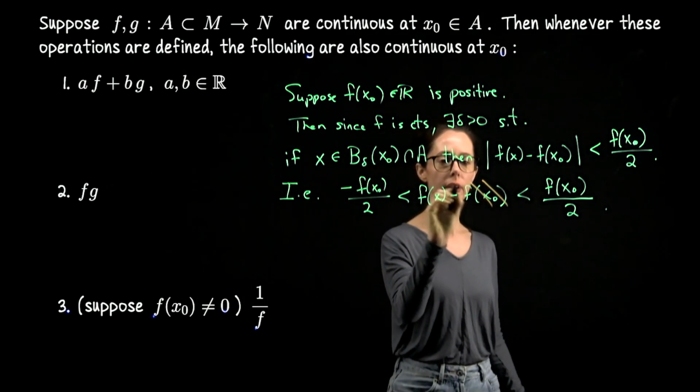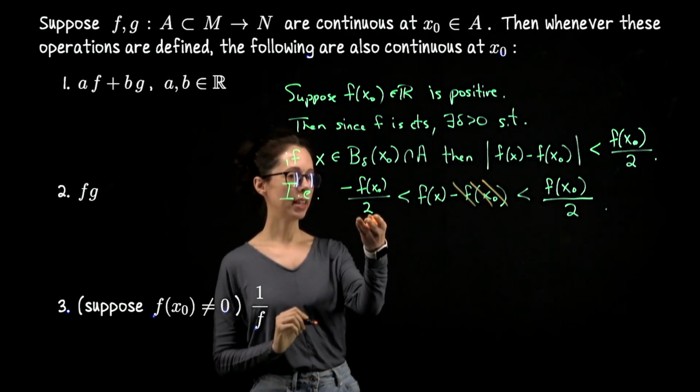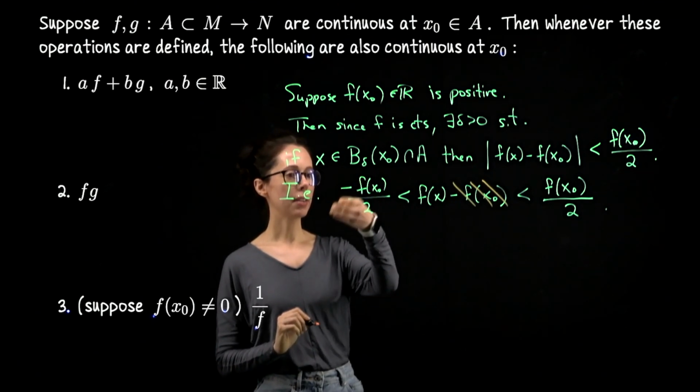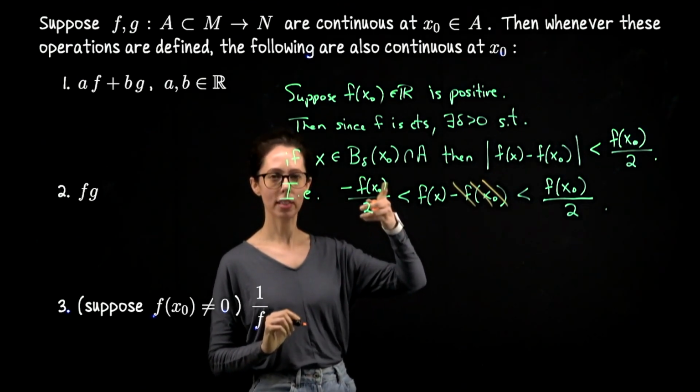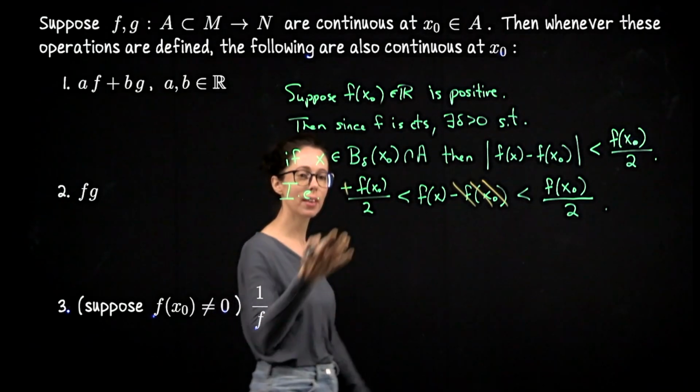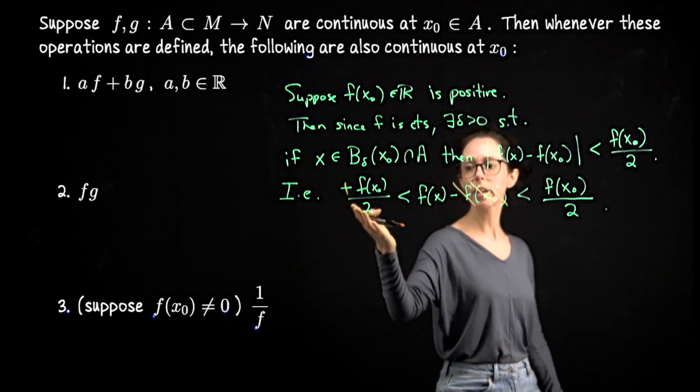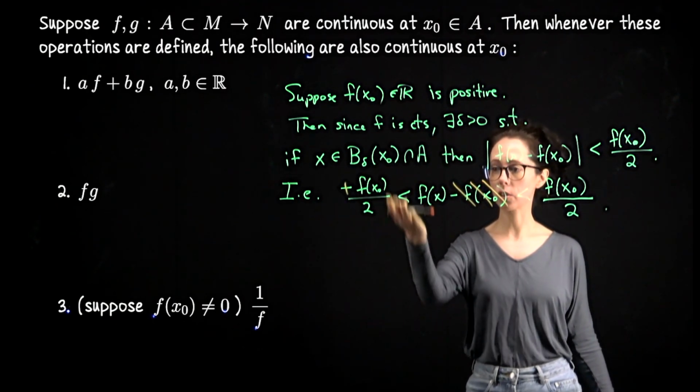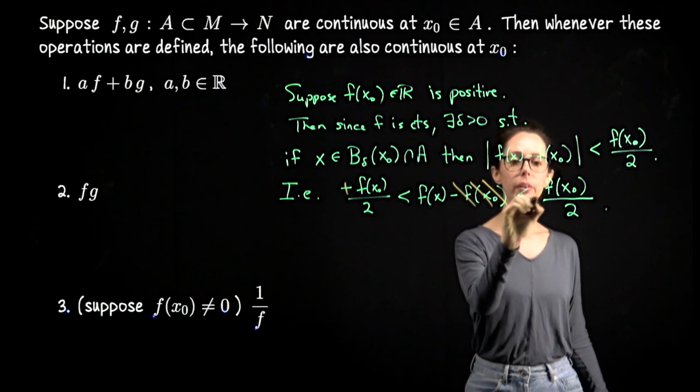When I add it over here, that's going to be negative f of x naught over 2 plus 2f of x naught over 2, all the way to get to f of x naught over 2, which is positive. That's really what I'm trying to say, is that it's greater than 0, strictly greater than 0. In fact, it's greater than this positive lower bound. And then over here, I would have a 3 over 2 f of x naught.